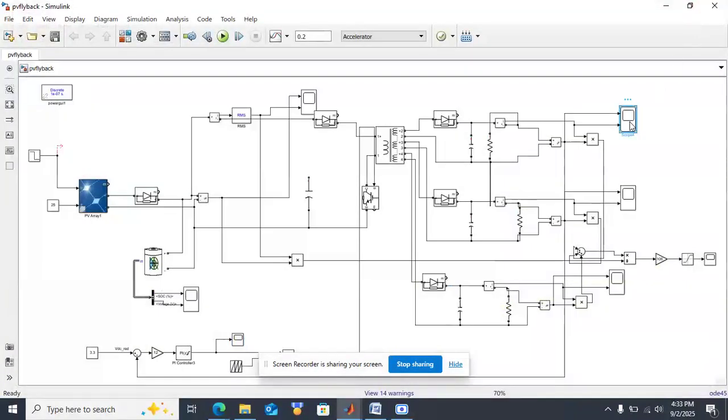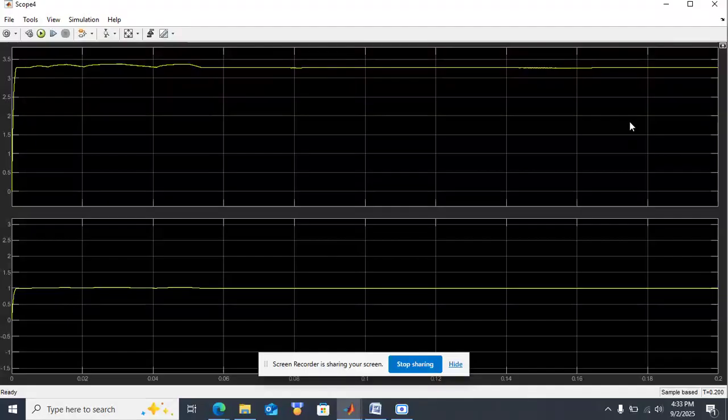And these are the output voltage and output current for load 1. Here the voltage is around 3.3 volts, and it is maintained with both PV and battery supply. Current is around 1 amp.